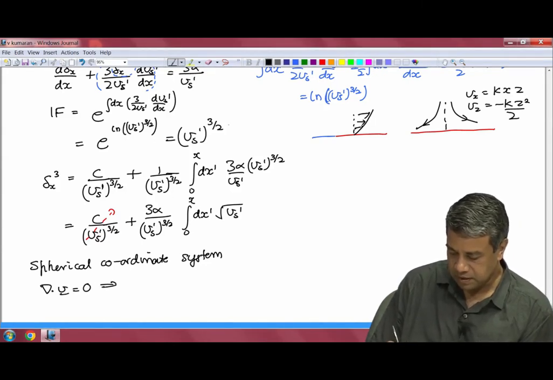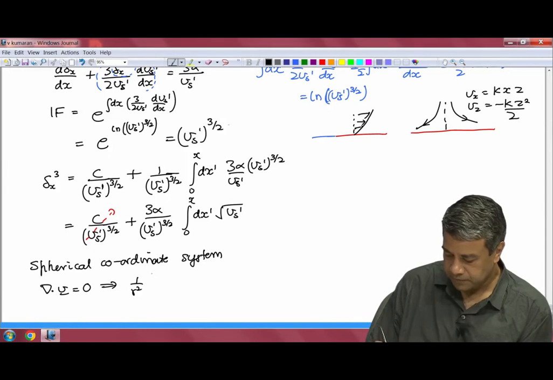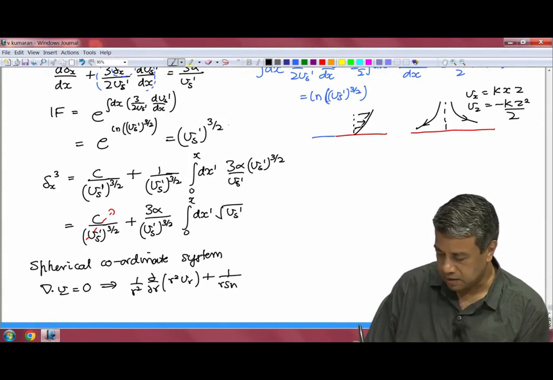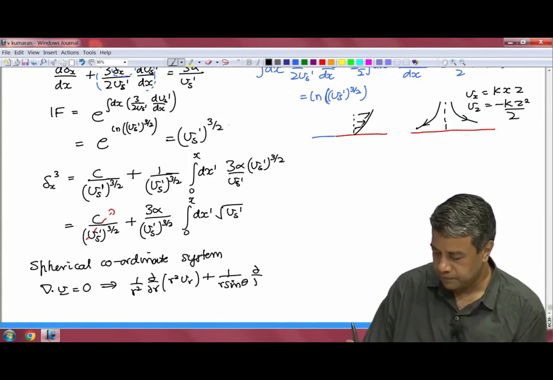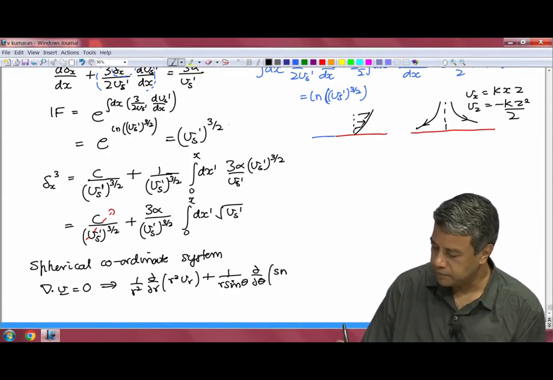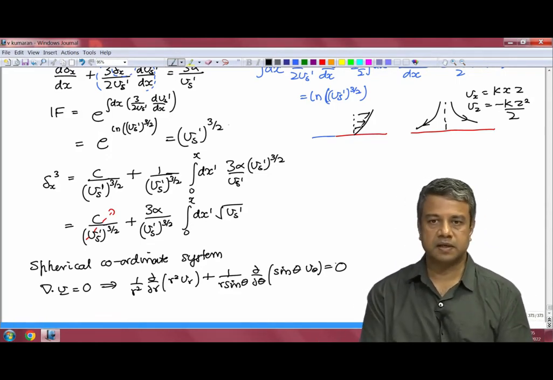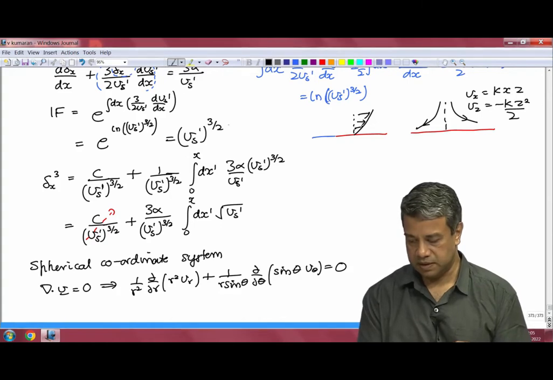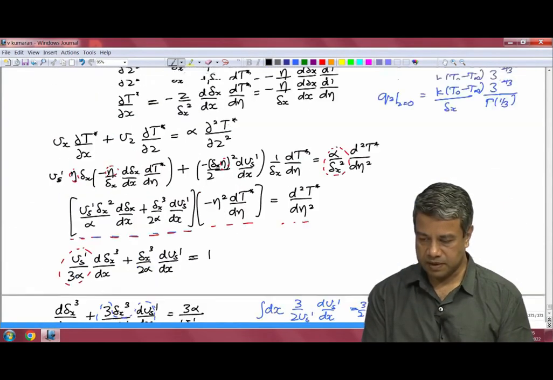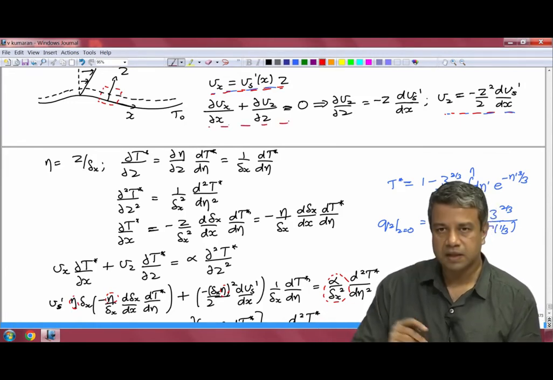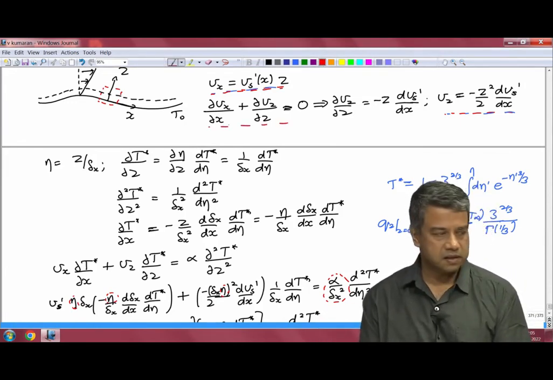If you recall, this is 1 by r square d by dr of r square Vr plus 1 by r sin theta, for an axisymmetric temperature profile around a sphere. So, this is different from the incompressibility condition that I had over here.